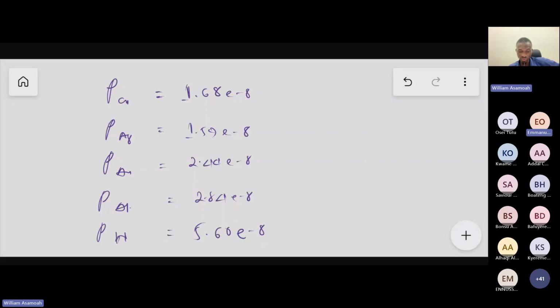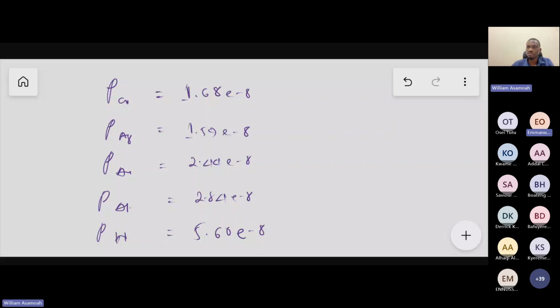Yes. Who is saving the class? If you look at the resistivity thing we've written here, which one of these elements is more resistive? And which one is having the least resistance? Yes, Elvis.